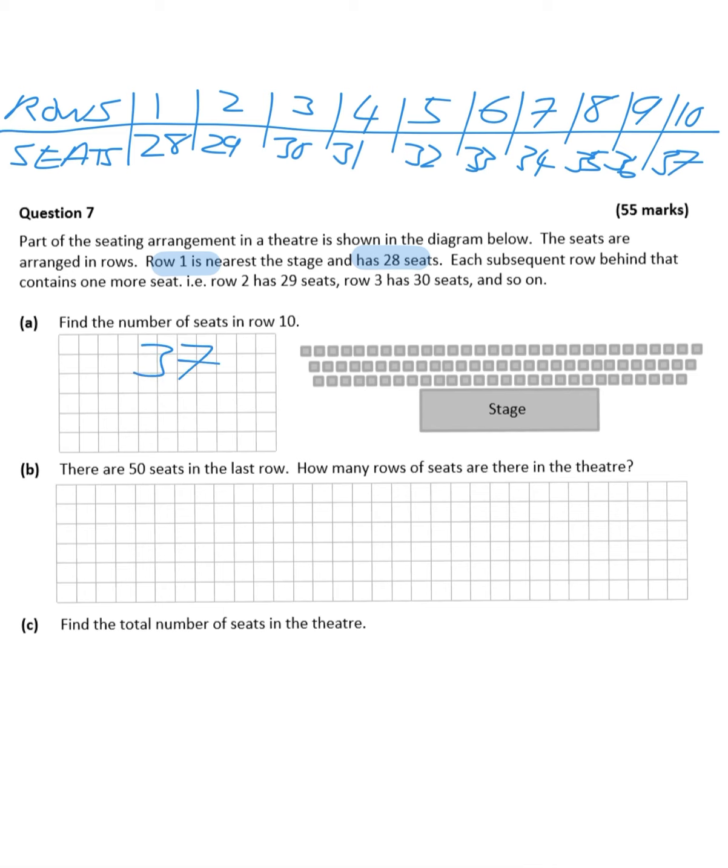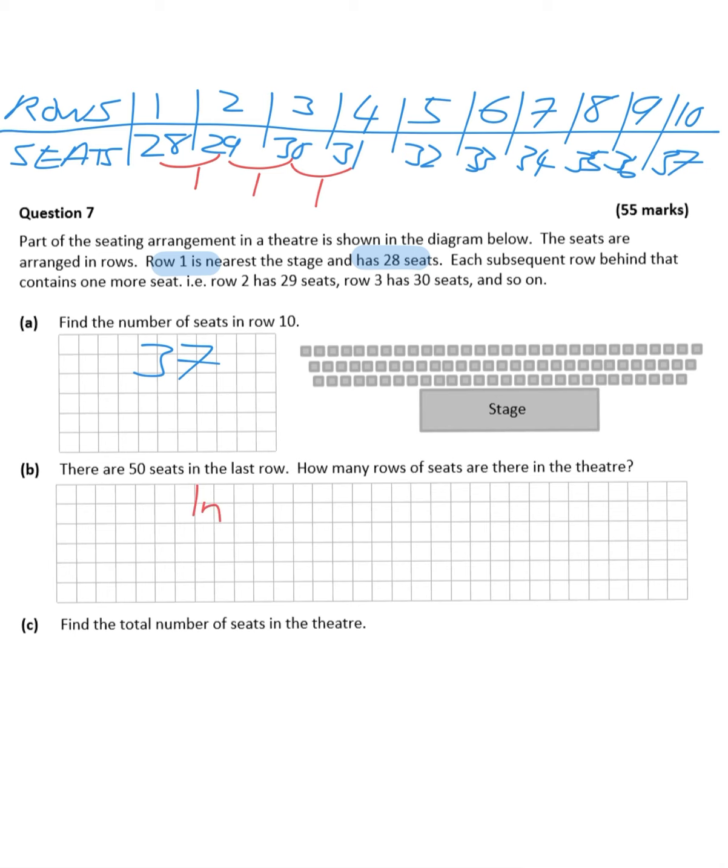Then in part B, we're told there's 50 seats in the last row. Then how many rows of seats are there in the theatre? For this, I'm going to write out a formula for the nth term, or the general term of the sequence. We can see here it's going up by 1 every time, so straight away that's just going to be 1n.